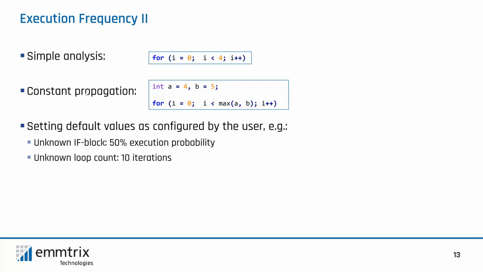And for loops where we don't know the iteration count, we use 10 as a typical number. Why 10? If it's a loop that does some real processing, multiplying by 10 will make it at least larger than the normal processing part that wouldn't be done inside of a loop.